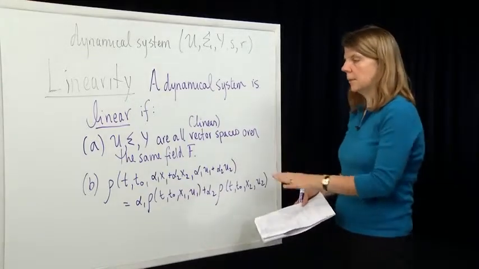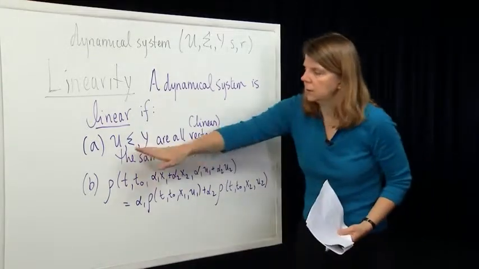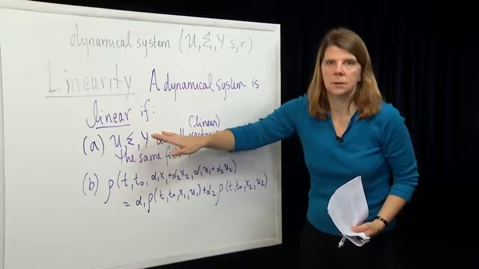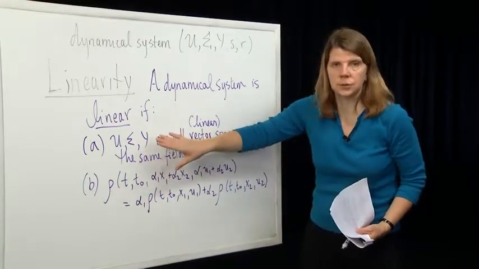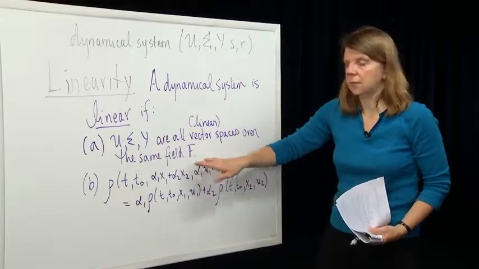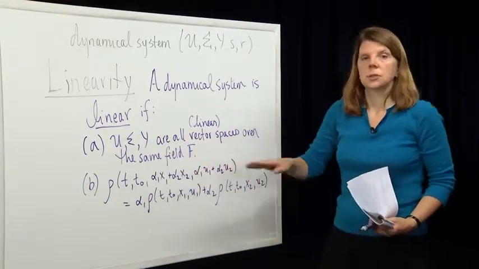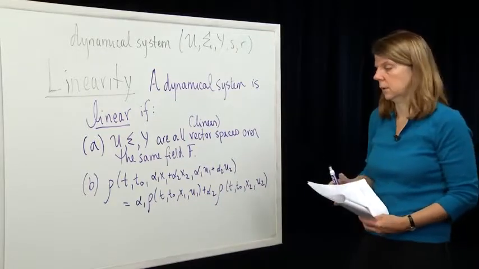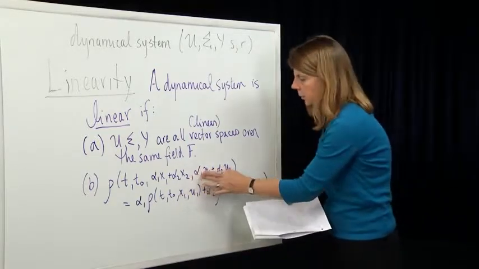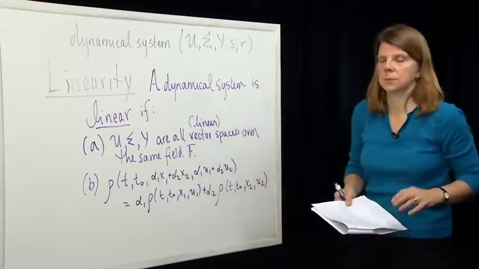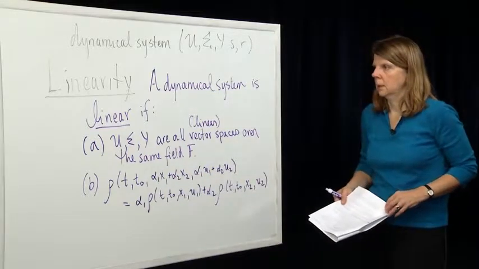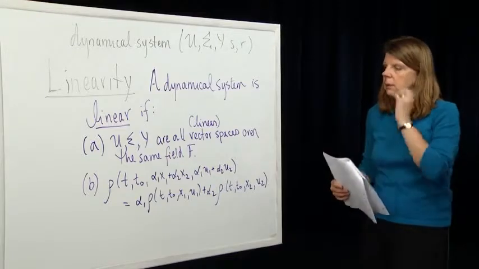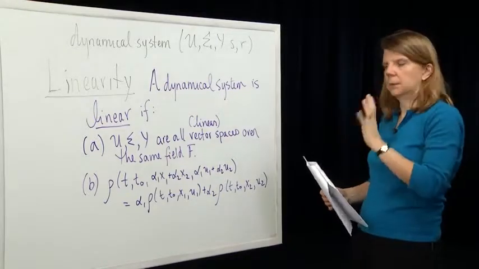Okay, so a dynamical system is linear if the input, state, and output space have this vector space structure over the same field F, and the response function is linear in the states and the inputs. Okay, that's important. You can't just be linear with respect to the inputs, it has to be linear with respect to the initial state.